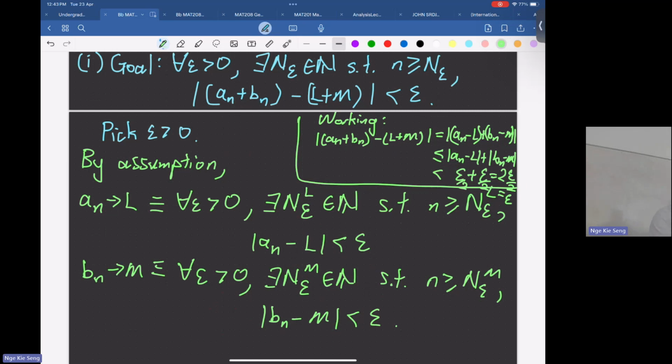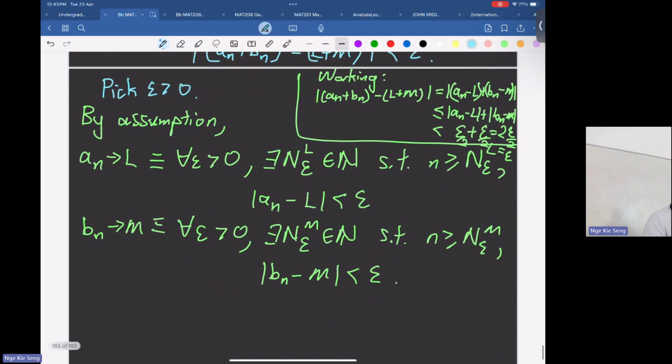Okay, so these are all my working. So what do I do here? Pick epsilon greater than 0. So consider n epsilon over 2.